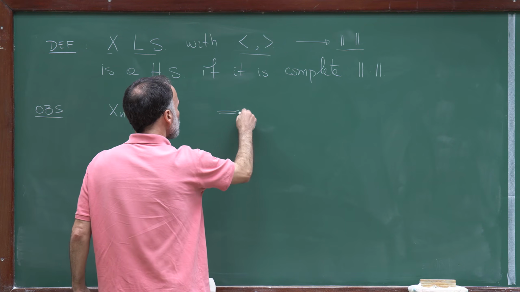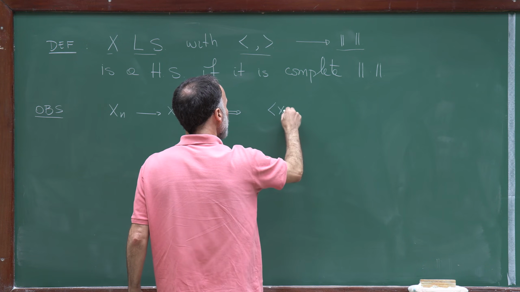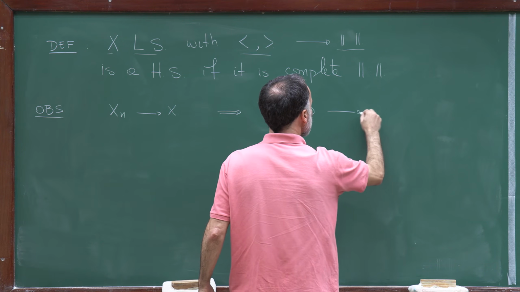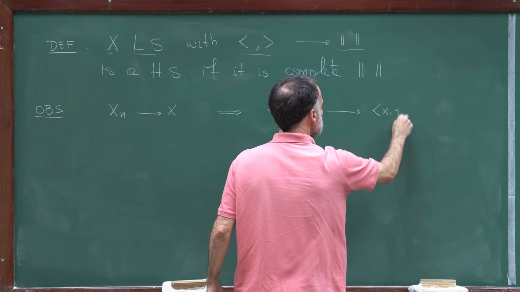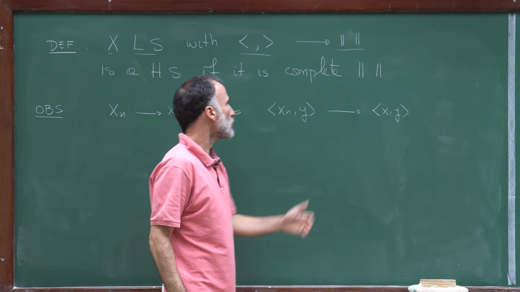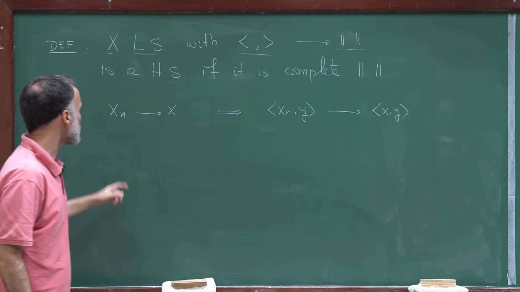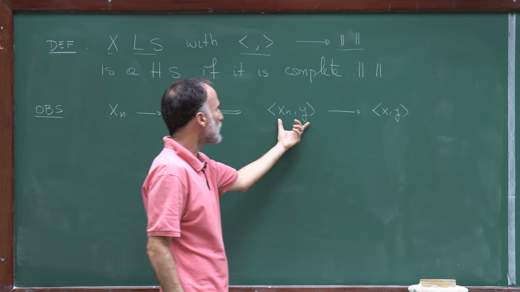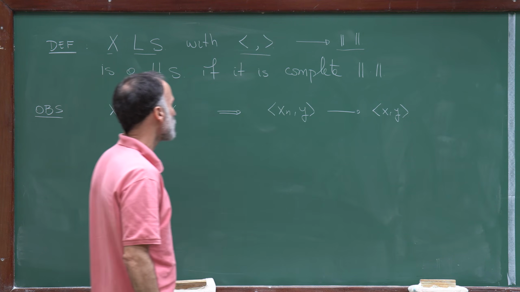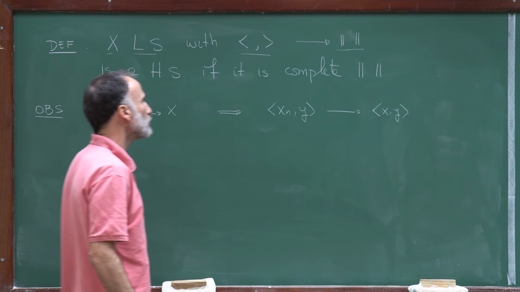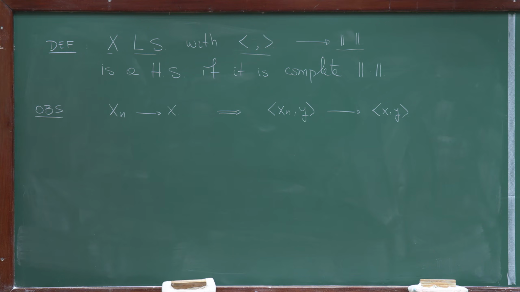What I claim is that then the scalar product of xn and y converges to the scalar product of x and y. These are sequences of complex numbers, and what I'm claiming is that if xn converges to x in the space, then the scalar product converges. So the scalar product is continuous with respect to the topology generated by the norm.